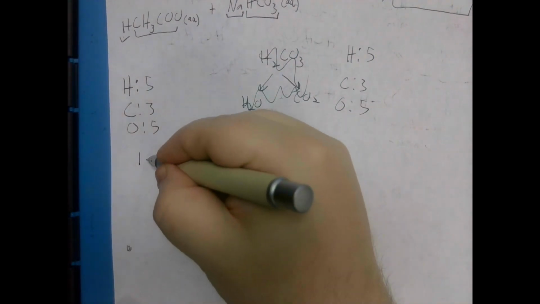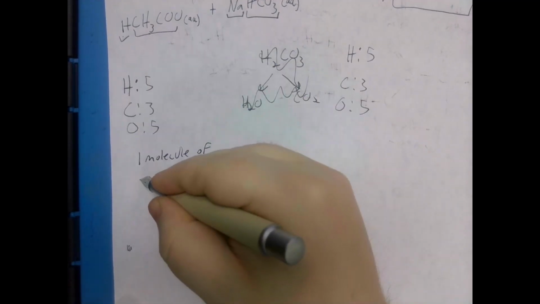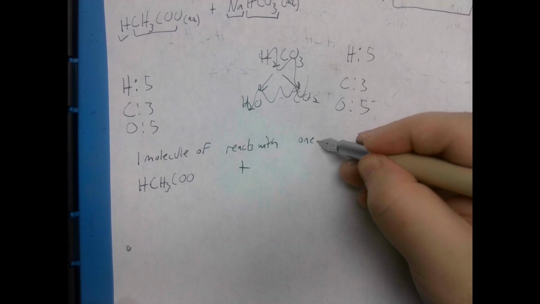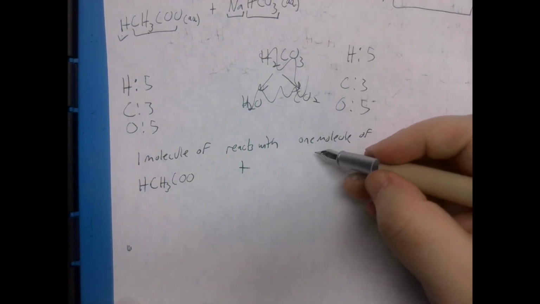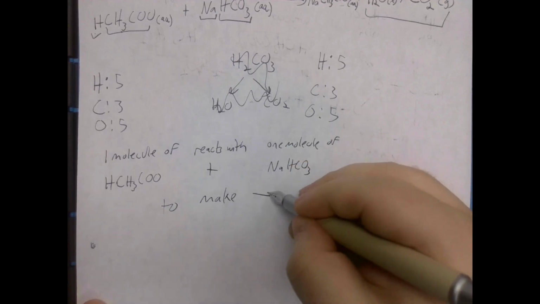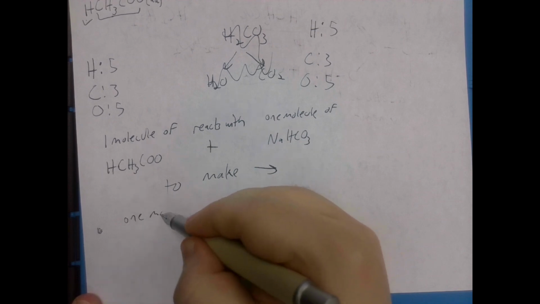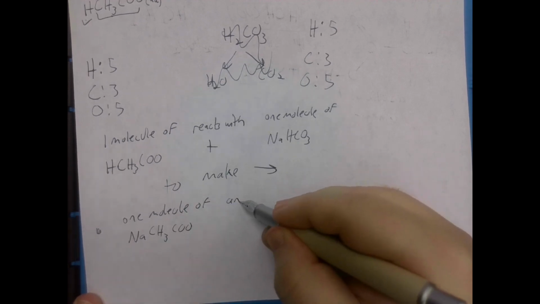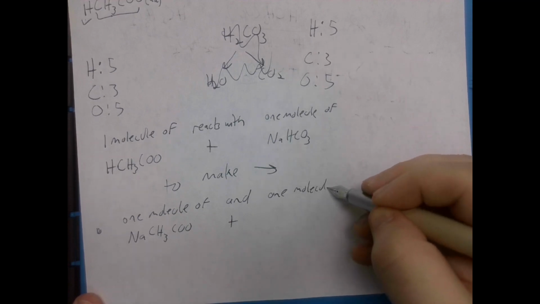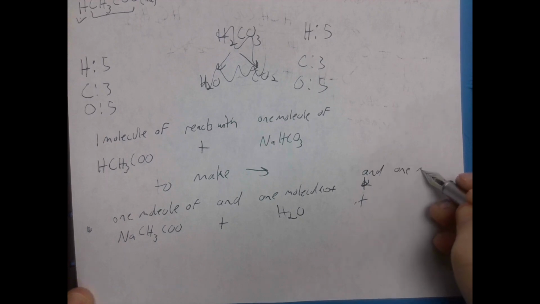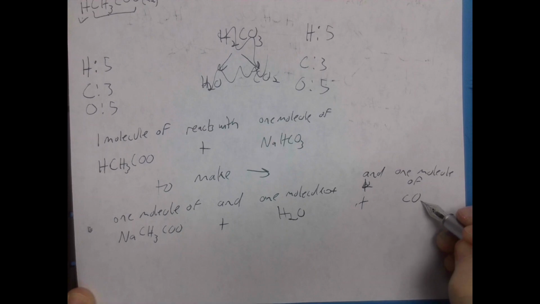So that means one molecule of vinegar, sodium acetate, reacts with, that's your plus sign, one molecule of sodium carbonate to make, that's the arrow, one molecule of sodium acetate and one molecule of water and one molecule of CO2 gas.